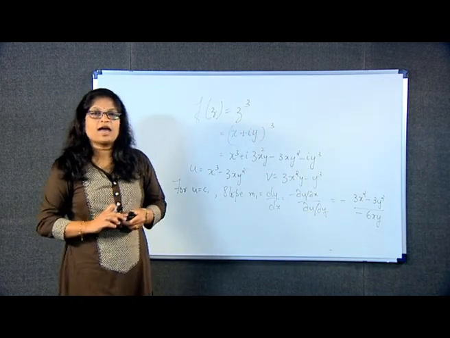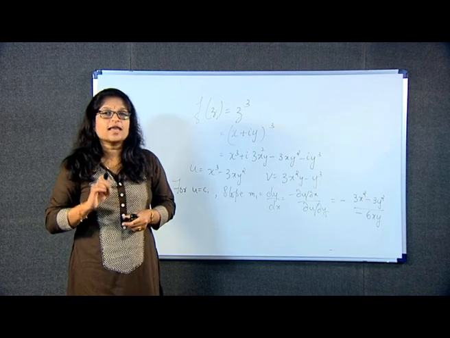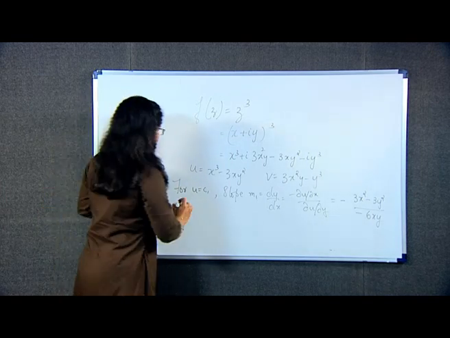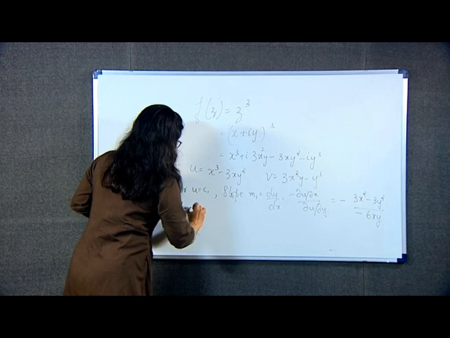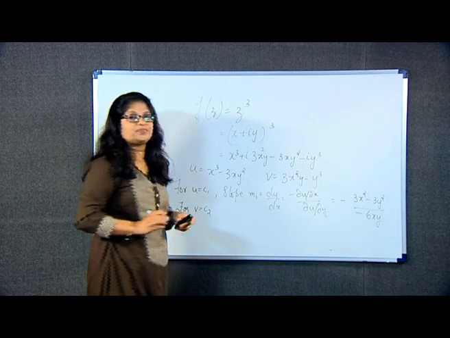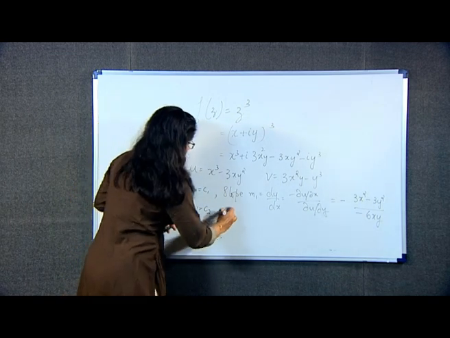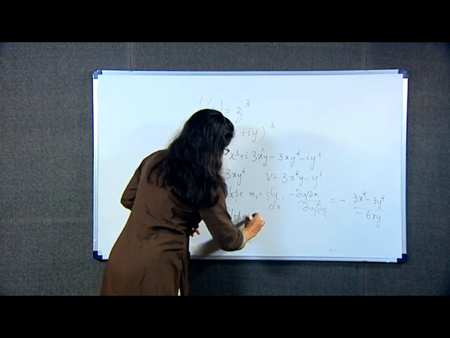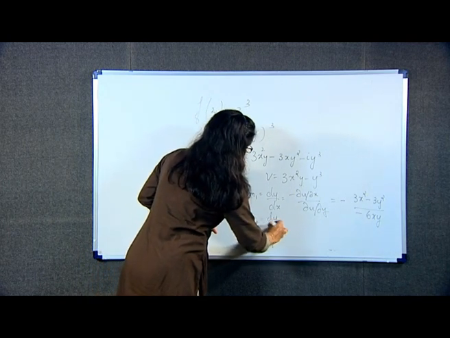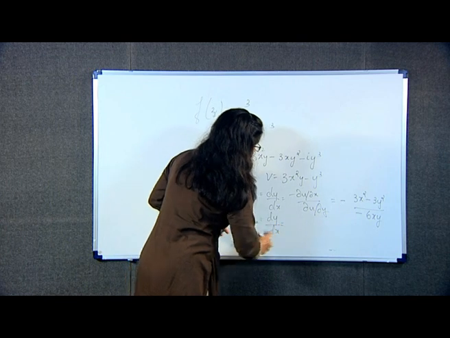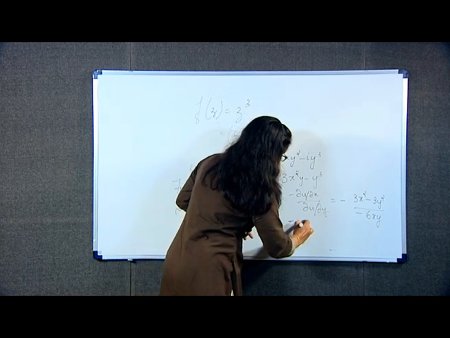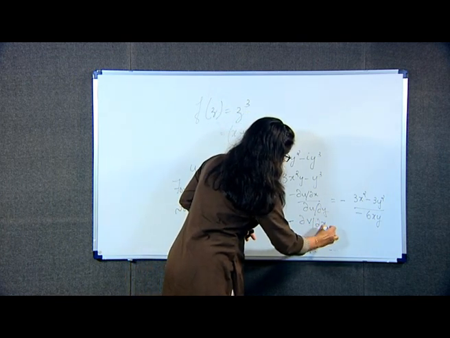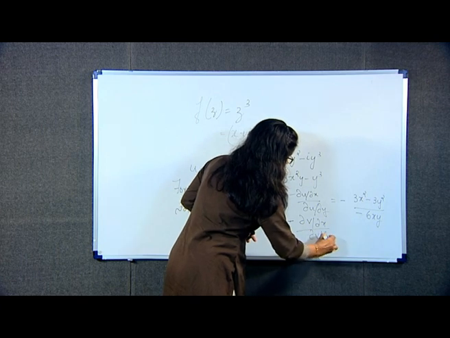In the same way, I find the slope for the second family of curves, v equal to c2. In this case, your dy by dx can be written as minus dou v by dou x divided by dou v by dou y.